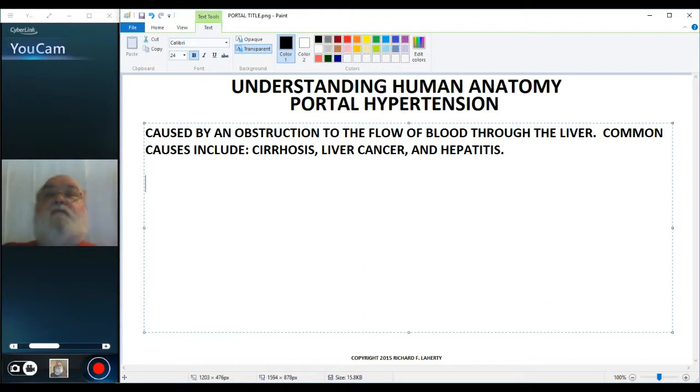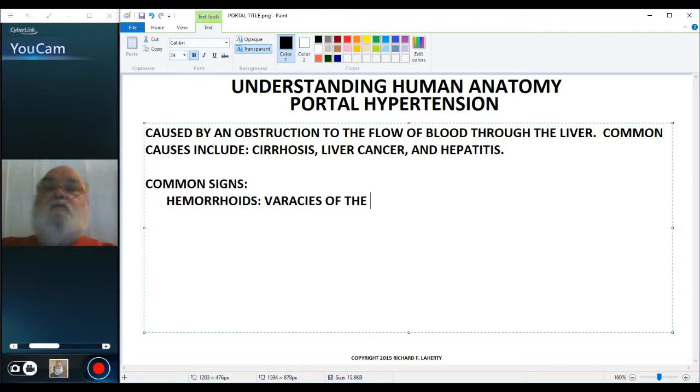Now, common signs. Well, one of the easiest to recognize are hemorrhoids, which are varices of the hemorrhoidal veins.